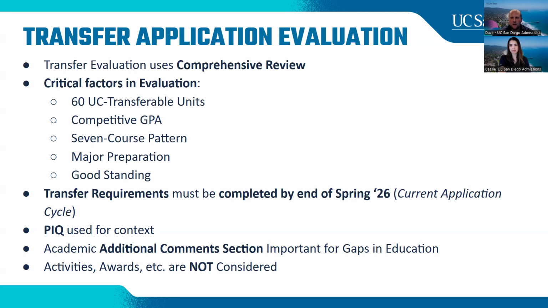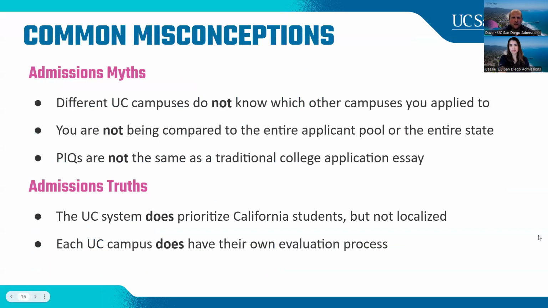So let's go ahead. And now we're going to cover some misconceptions. There's a lot of content out there that students can access about the admissions process, whether it's on Reddit, YouTube, College Confidential. There is no shortage of guidance for students who are anxious about the college search process.